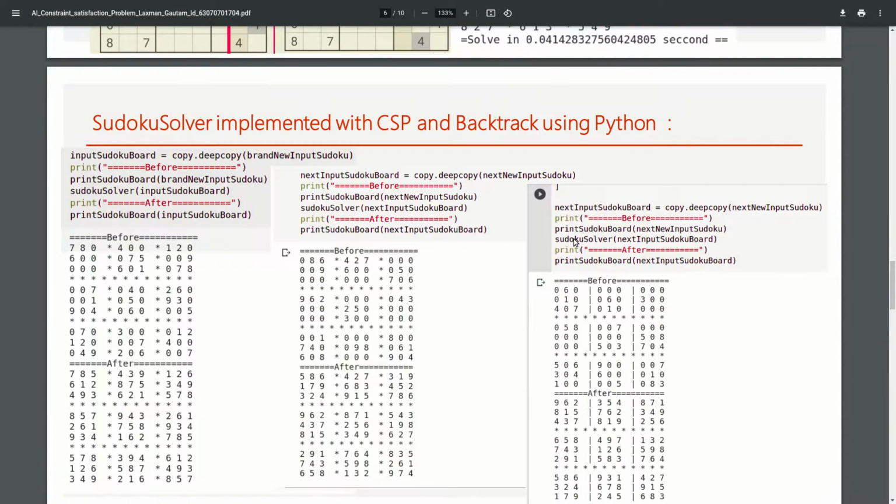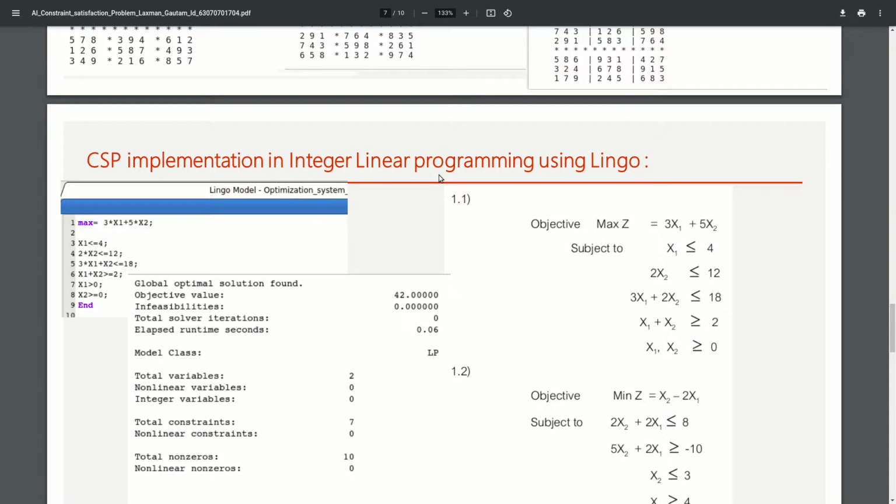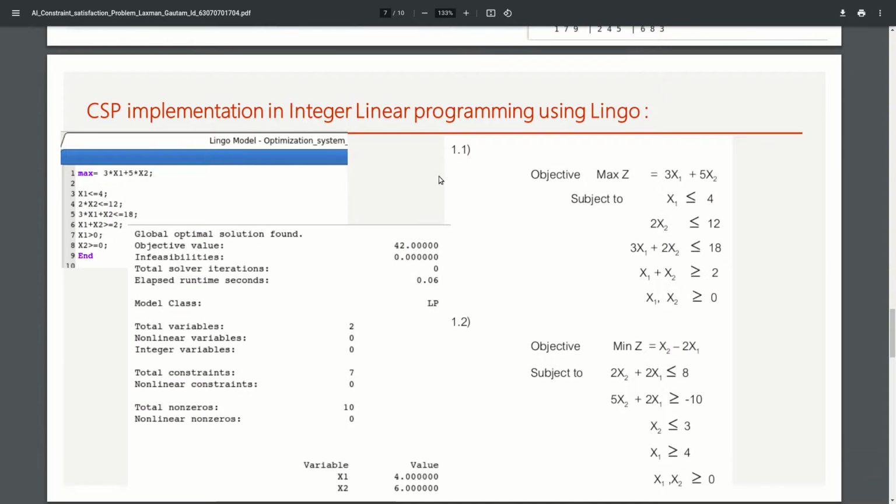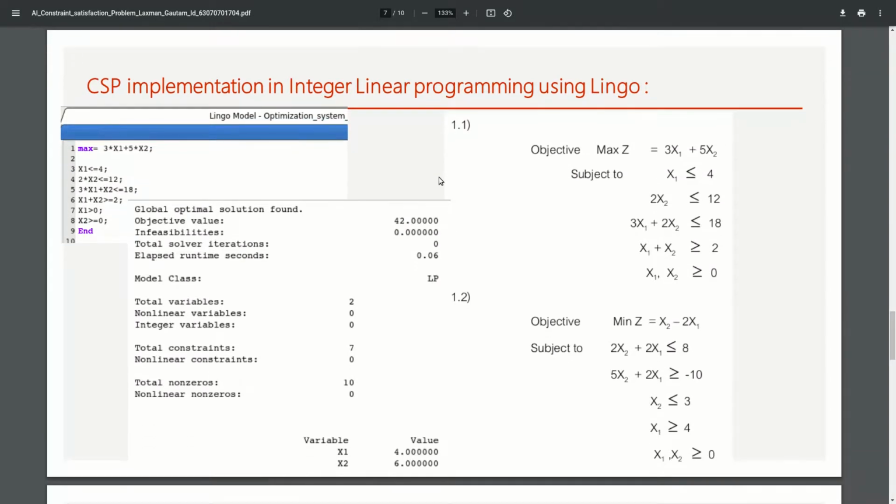Let's continue further. This is the screenshot of the same implementation which I have run and solved for 3 different Sudokus, and I kept it in our presentation. Now this is one common example where CSP implementation is done using integer or linear programming with Lingo.